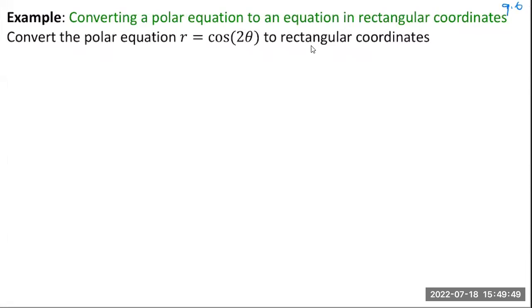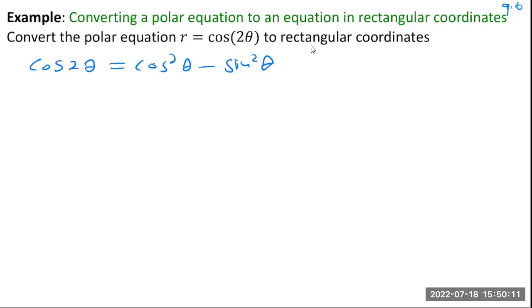First, in most of these types of problems, when you convert polar coordinates to rectangular coordinates, you use trigonometric identities. First of all, notice that cosine 2 theta is equal to cosine squared theta minus sine squared theta.